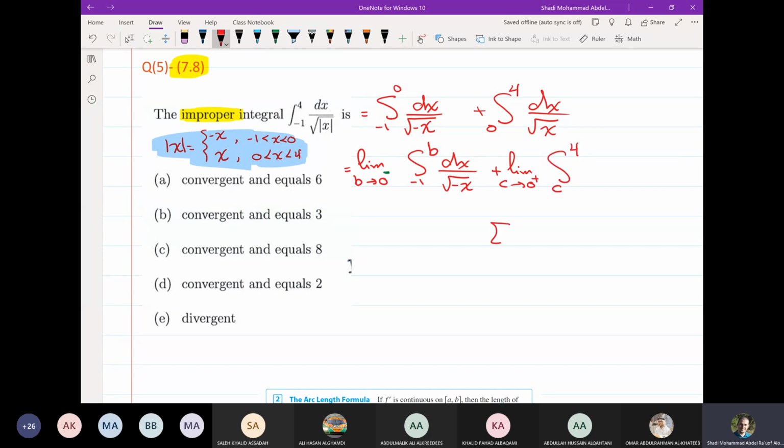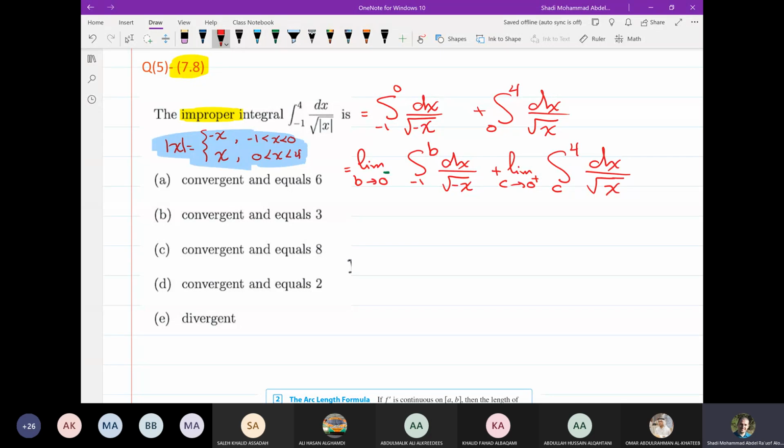Because you start from 0 to 4, you care about the values near 0 from the right, not from the left. This is important.